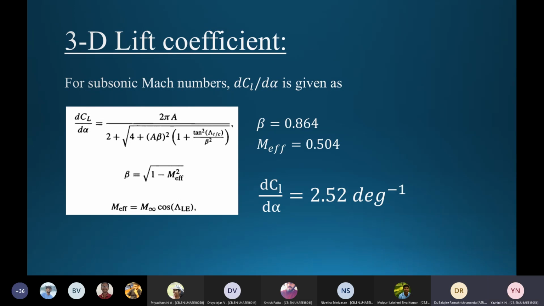So 3D will be less than that only. If it's 2.52 per degree, you will be creating history. So you have to say per radian or convert it to degree. It will be some 0.05 or something, 0.03, somewhere there. Okay.